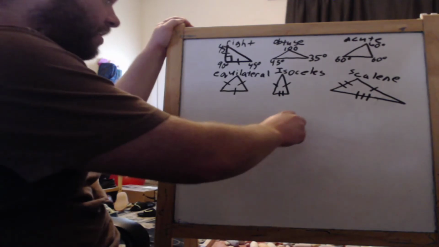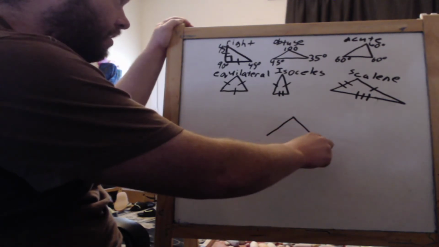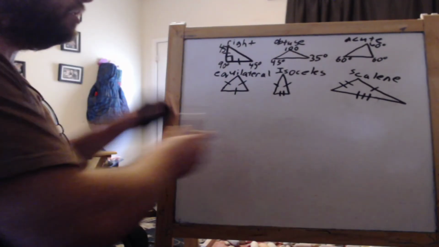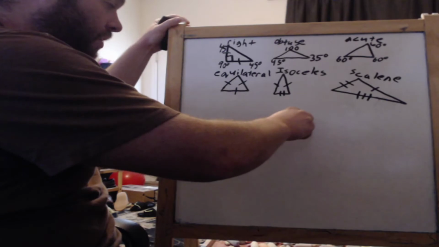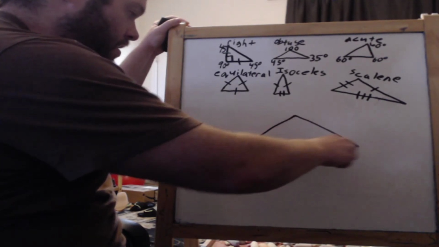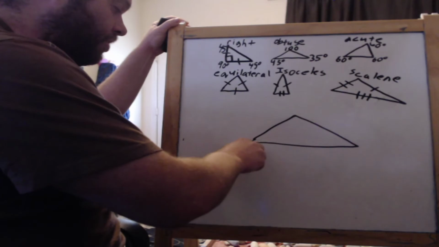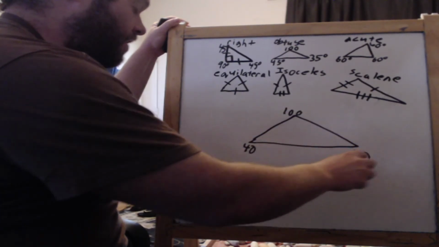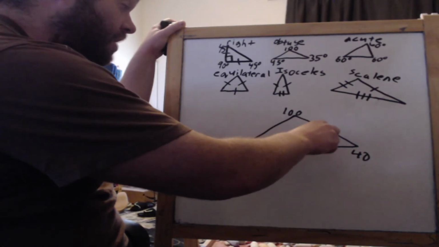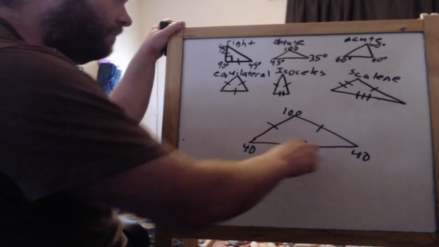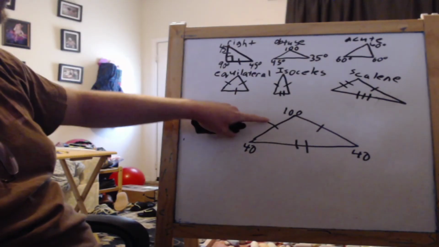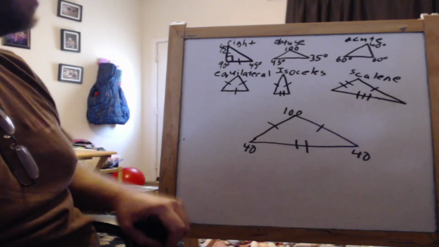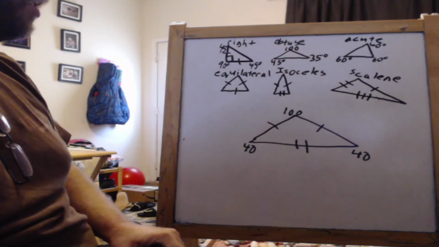But if they were the same, and obviously I'm not drawing these perfectly, I don't have a protractor, but let's just say this was 100 and this was 40 and this was 40. That would mean that this and this would be the same, so this would be an obtuse isosceles. Okay? And this would be an obtuse scalene, because these sides would be different.